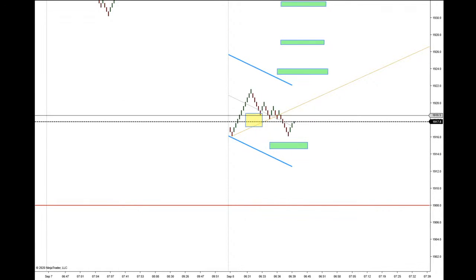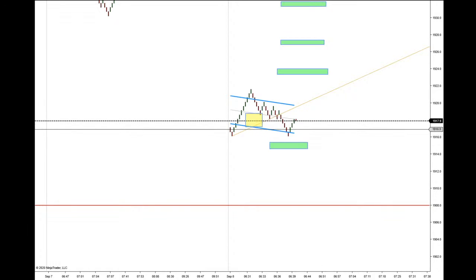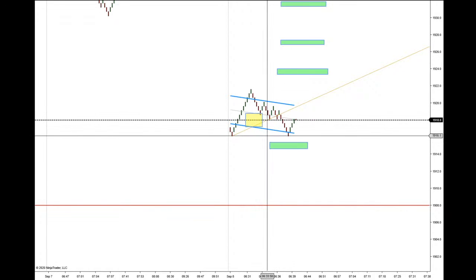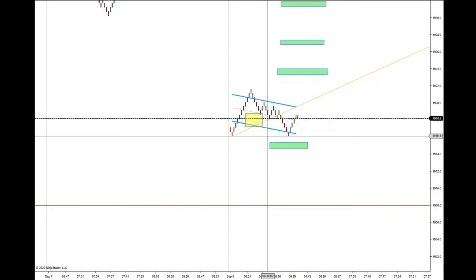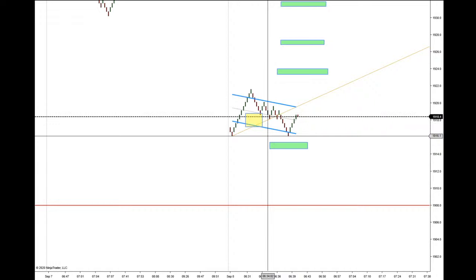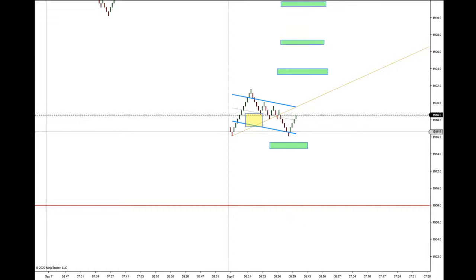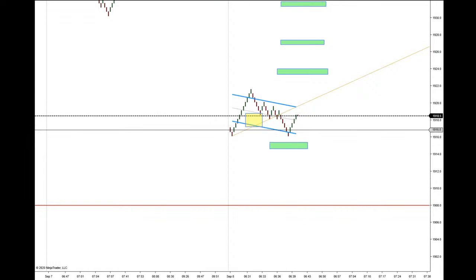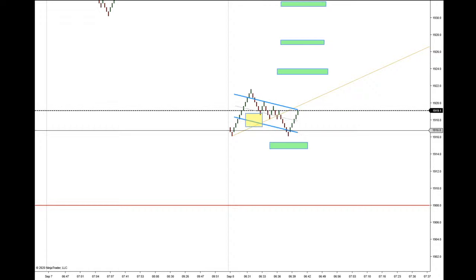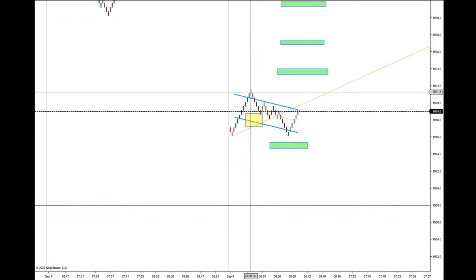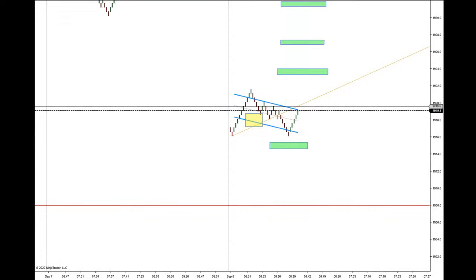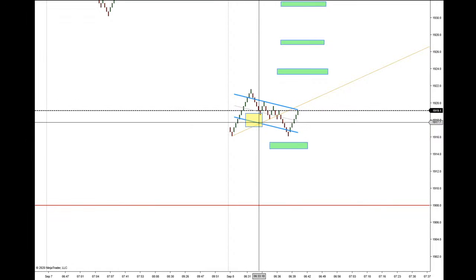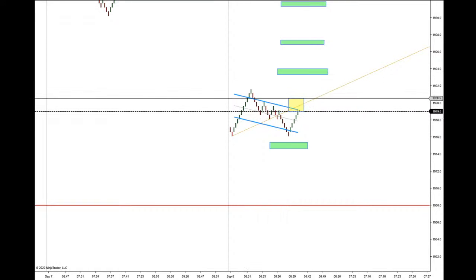Maybe we are on a flat sideways ABC, but nothing is really clear now. Let's see about a wave B to the upside. Ooh, we're on a wave B already. Wave B would be right here.